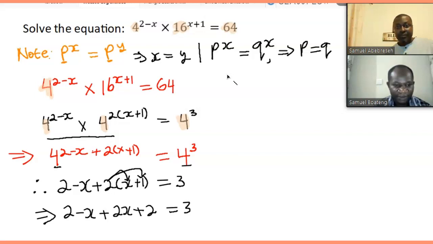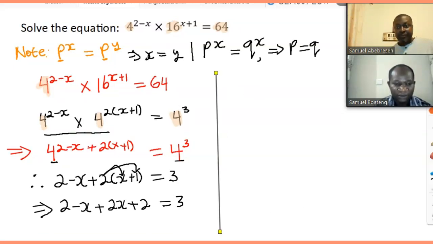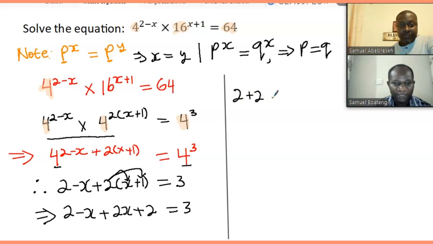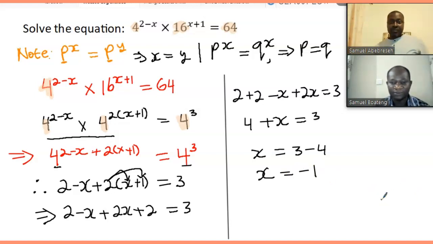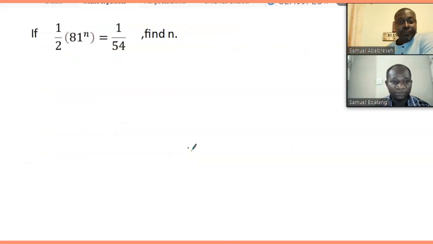We can group the like terms: 2 plus 2, which is 4, on the left-hand side, and minus x plus 2x, is equal to 3. So this is 4 plus x is equal to 3. We want to find x, so we send the 4 to the other side. 3 minus 4. So x is equal to minus 1.